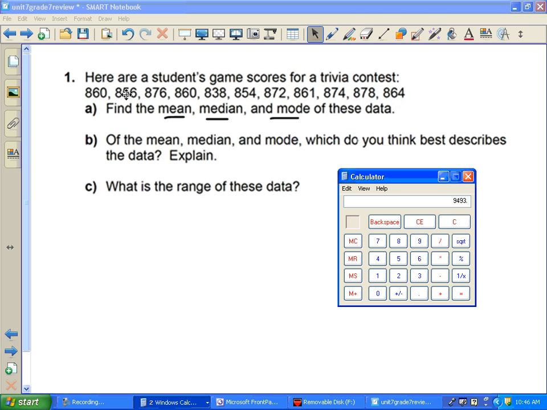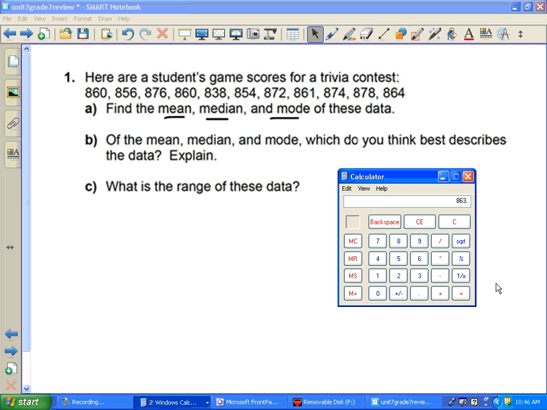I've got 1, 2, 3, 4, 5, 6, 7, 8, 9, 10, 11. So I've got 11 actual pieces of data. So I'm going to divide it by 11 to find my mean.